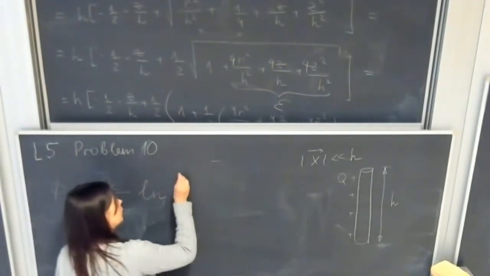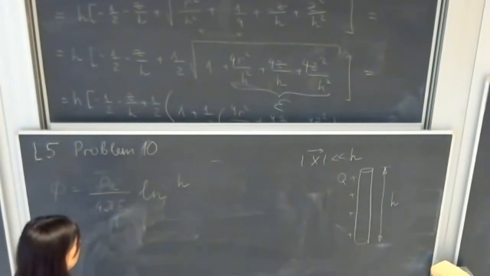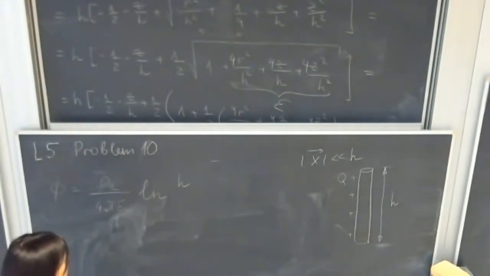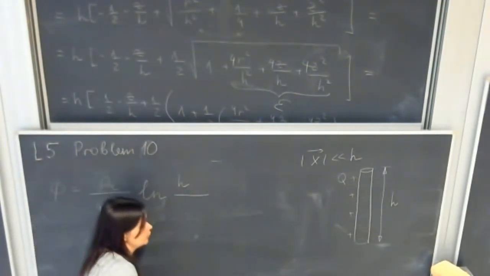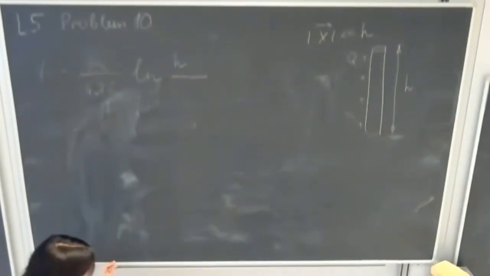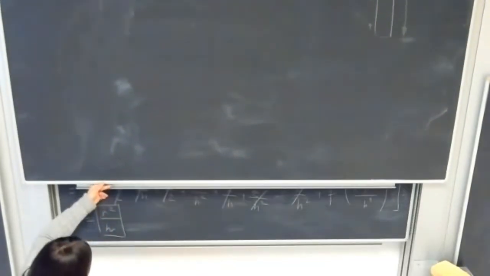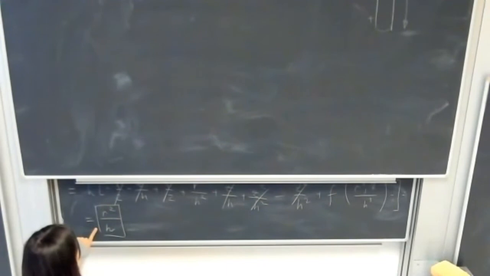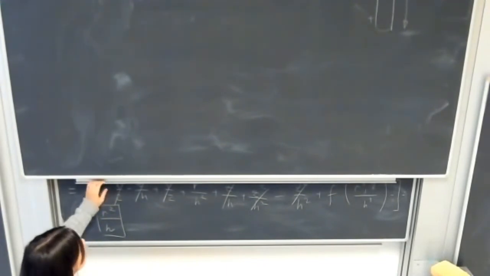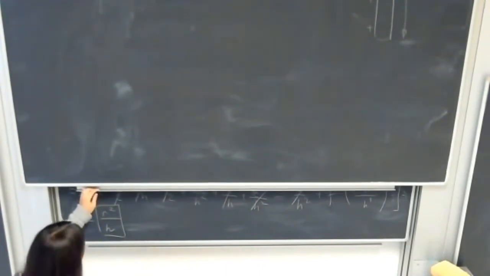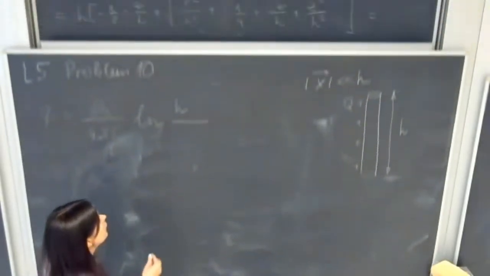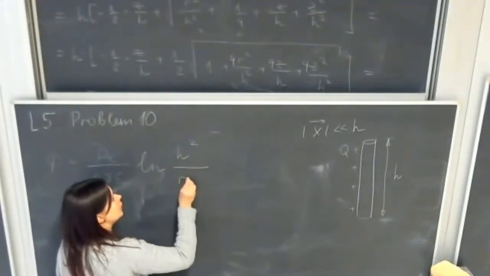So we now got h for the numerator and it was r squared divided by h for the denominator, so it's going to flip. And we have here r squared.